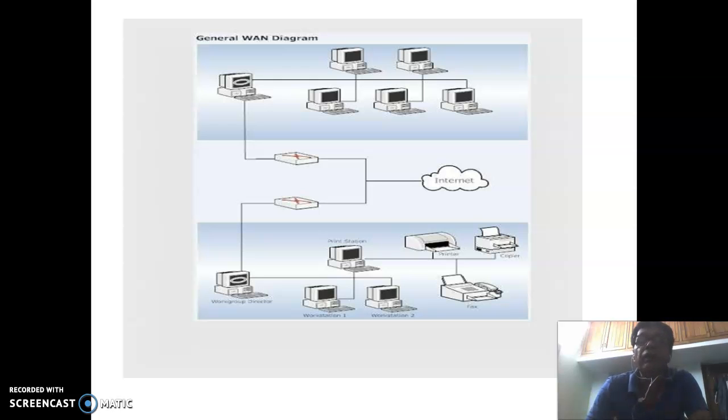But the main disadvantage of this wide area network is that it is costlier, and we also have some other disadvantages. So as per our need, we can use either our local area network or wide area network.